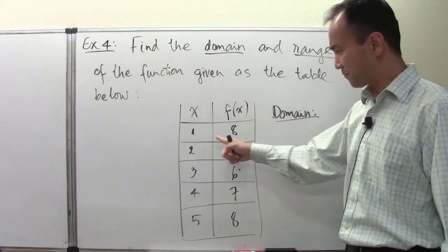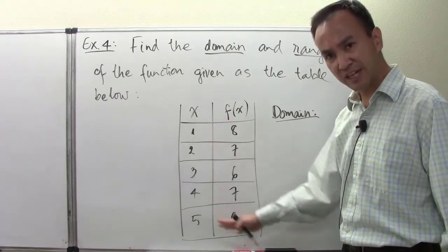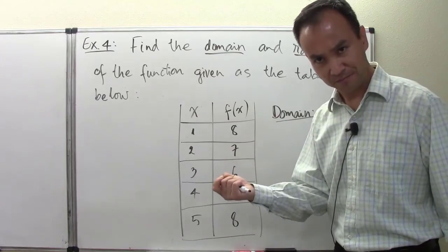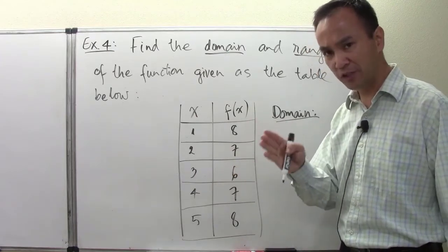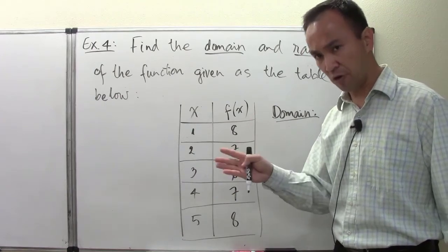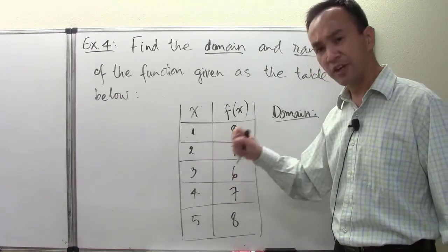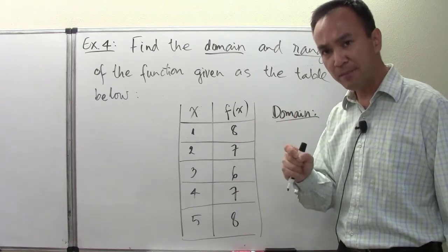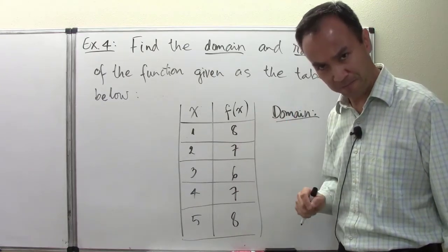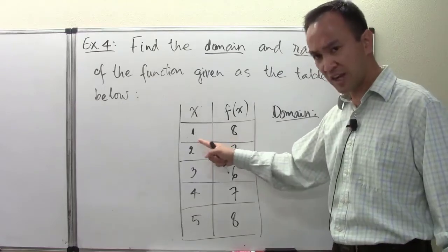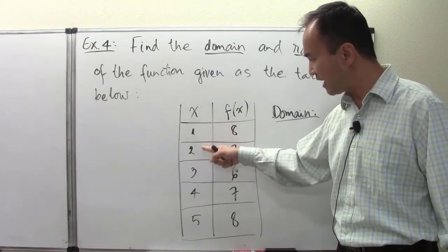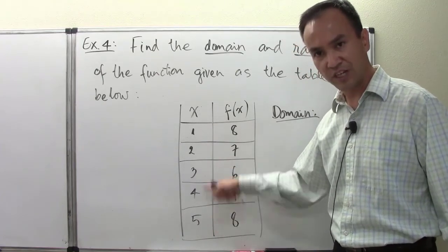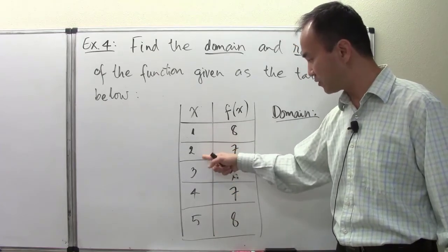When we have a table like this, by default we're looking for a domain expressed as an interval. But recall, the domain is just a set of possible input values to a function, and here we only have a limited number of values in that set, from 1 to 5.